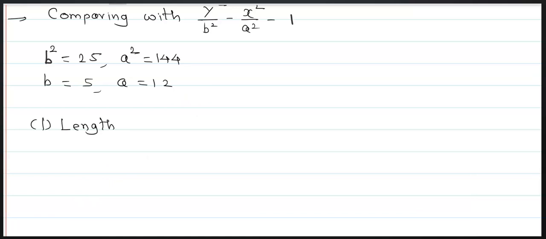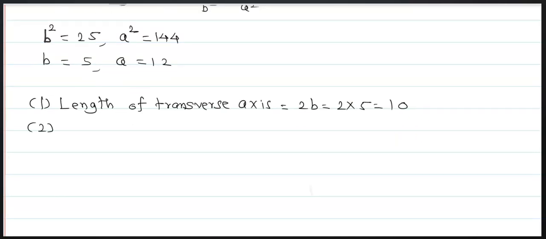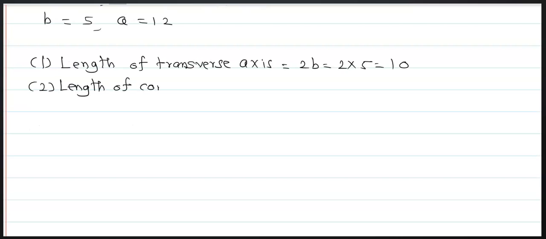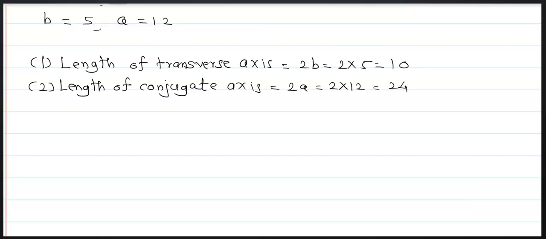Therefore, length of transverse axis, that is 2b, 2 into 5, that is equal to 10. Length of conjugate axis, that is 2a, 2 into 12, that is equal to 24.